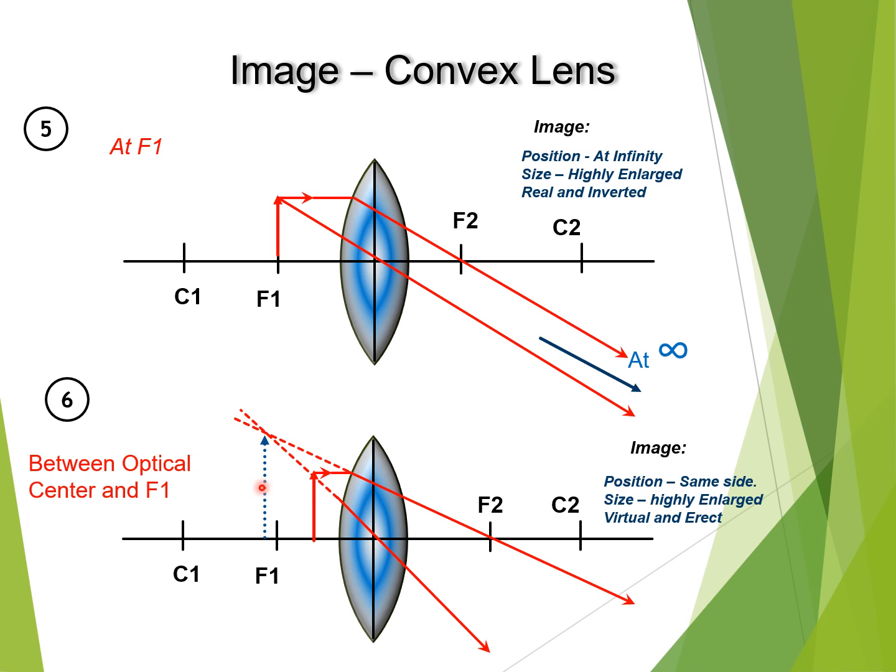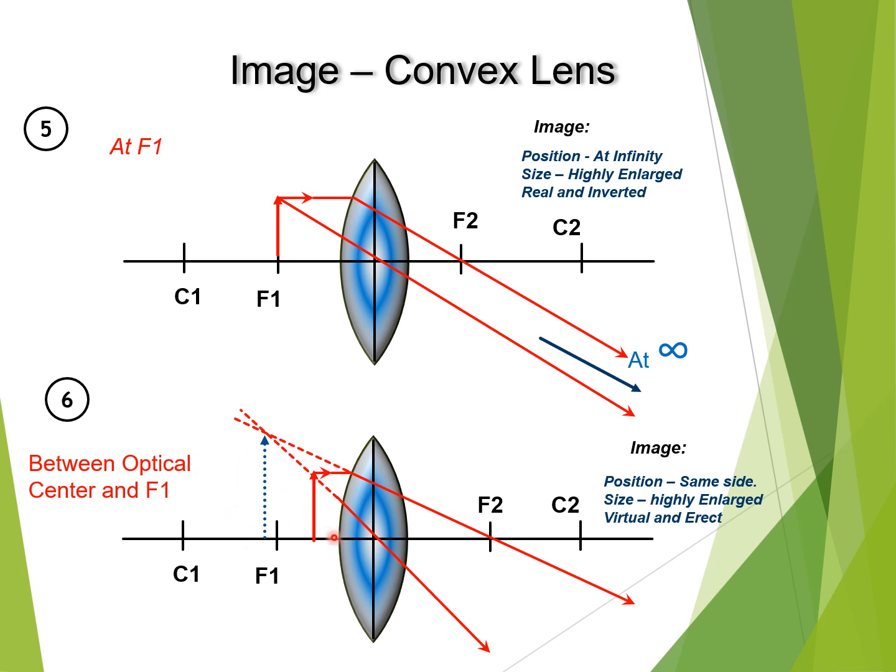So in convex lens, there is only one case where the image is formed on the back side of the lens. And since these are not actually meeting, the image is going to be imaginary. So the position shall be same side of object.